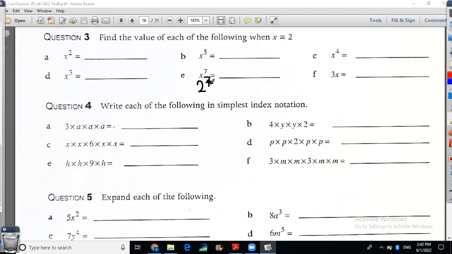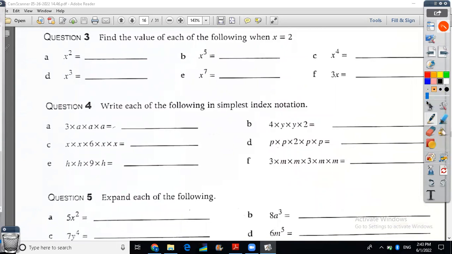What is 2 to the power of 7? Oh my God, if you say 14, oh my God. 2 to the power of 7 doesn't mean 2 times 7. It's not 14. 2 to the power of 7 means 2 times 2 times 2 times 2 times 2 times 2 times 2. So 7 2's multiplied by each other. What's the answer going to be at the end? I have no idea. Do it yourself.